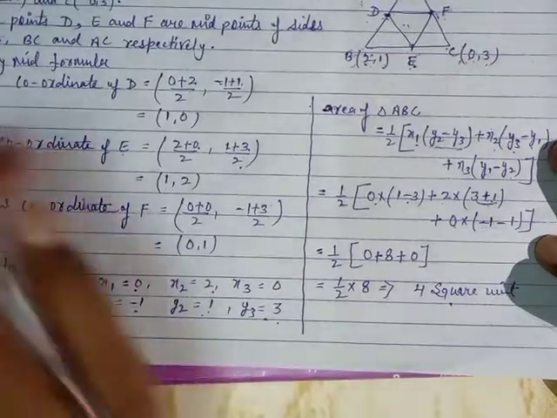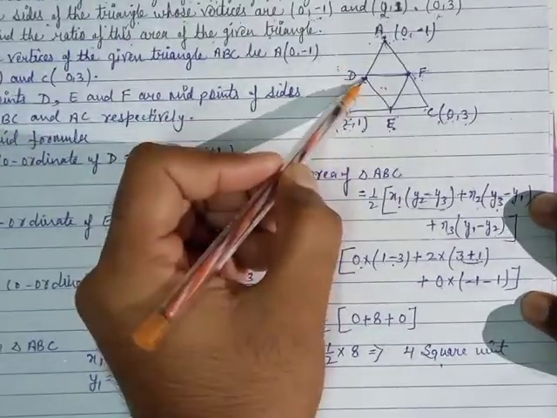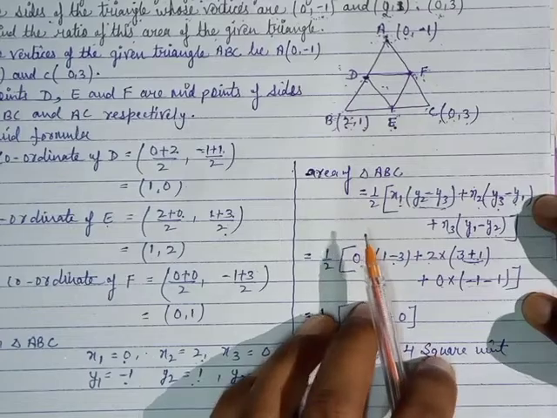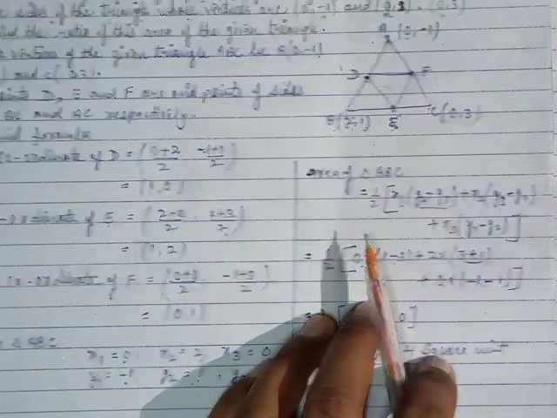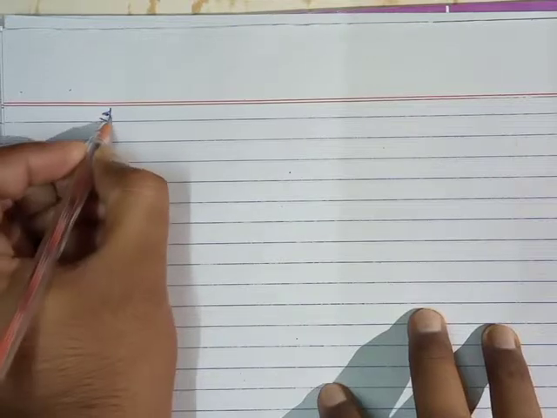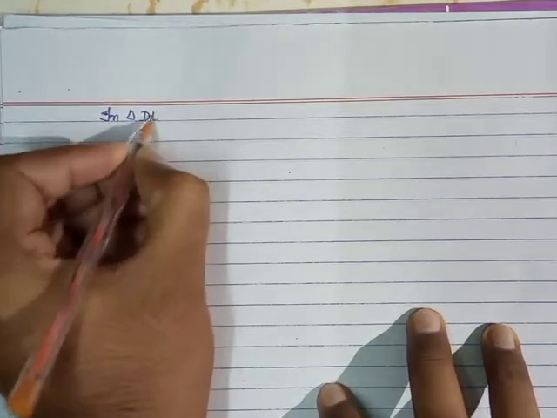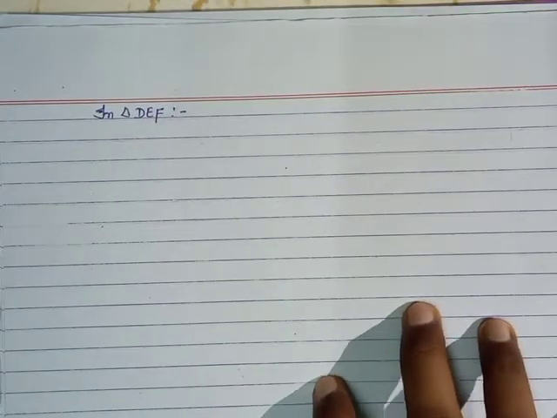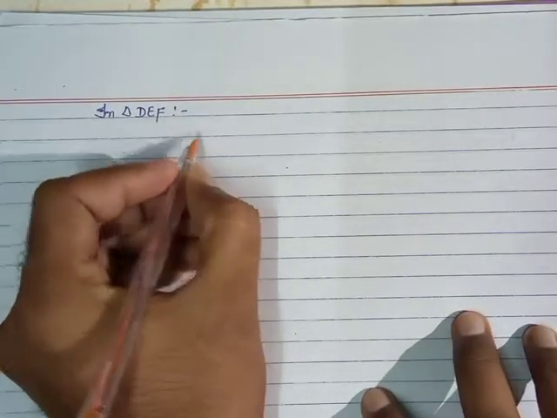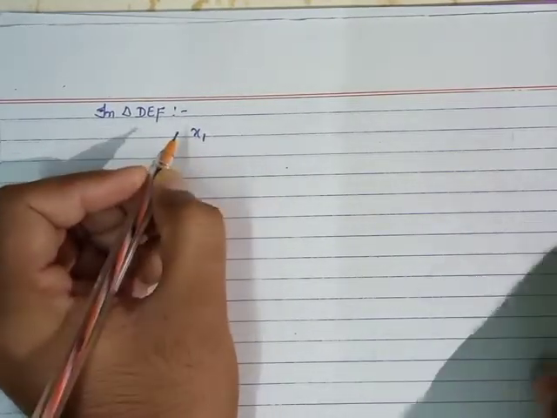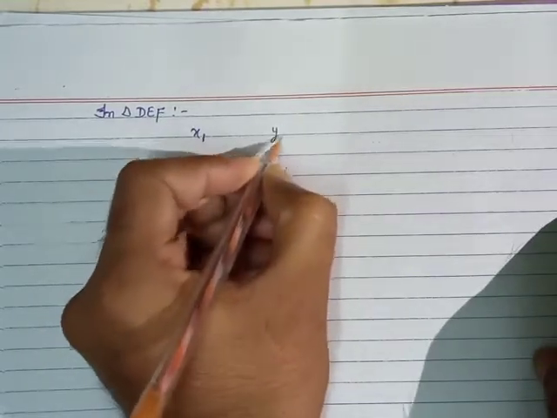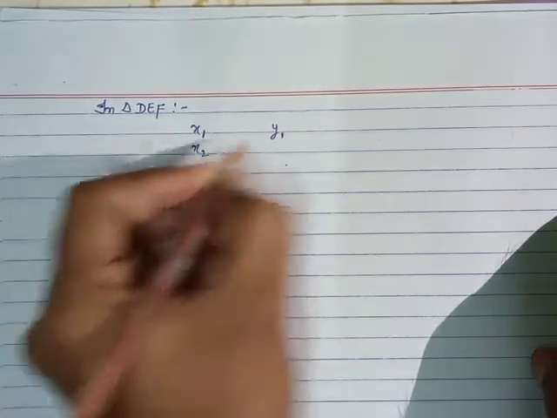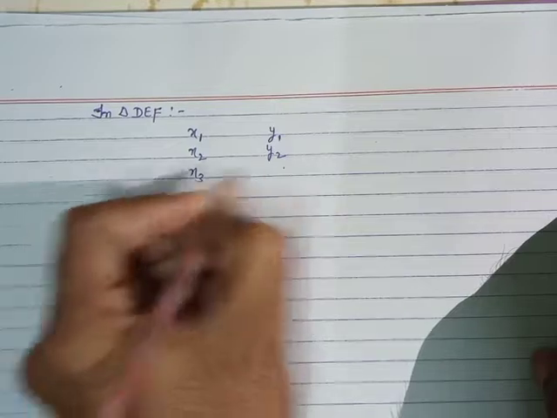Now we will find the area of triangle DEF. We have the coordinates of D, E and F, so we use the area of triangle formula. In triangle DEF, first we decide the values of x1, y1, x2, y2, x3 and y3.